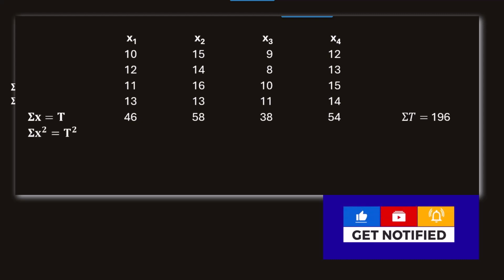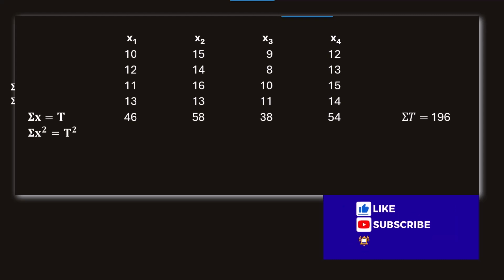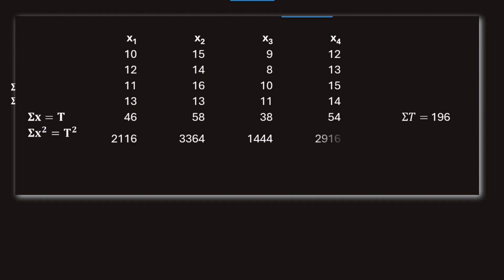Find sigma x squared, otherwise known as T squared, by squaring the column totals. They are 2116, 3364, 1444 and 2916. Find T squared by n by dividing the T squared values by the number of observations of the respective samples, that is 4.